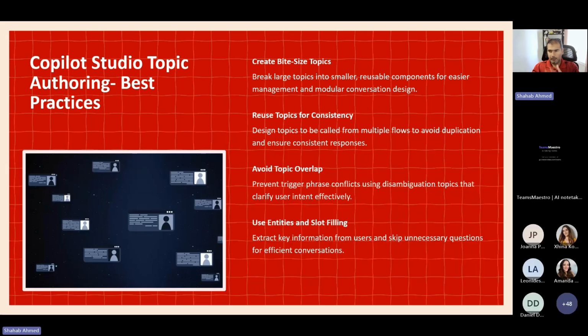And from a backend perspective, it's very important in terms of how you're able to keep track of things and make these bots maintainable and scalable, right? The first piece I want to cover, from both a technology perspective and an administration perspective, is that you want to keep these topics fairly small.